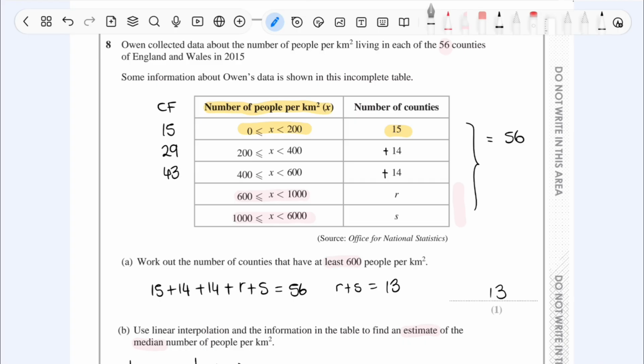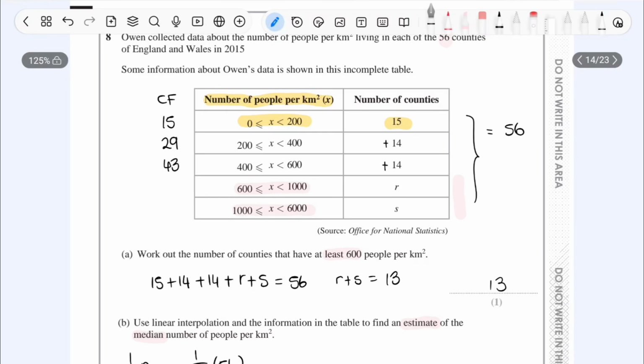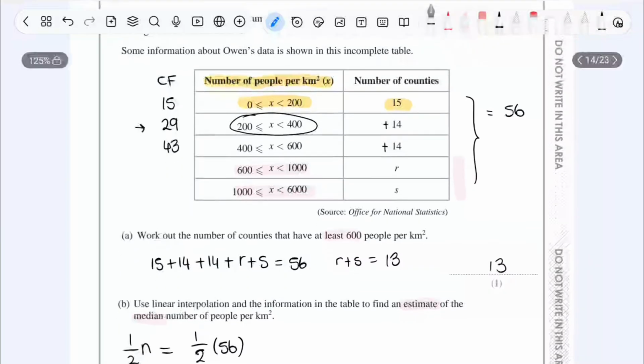Now 28 is the value we're targeting, and 28 is clearly going to be within this row here because it's under 29. So we're trying to find the median, and we know based on the information that it's in this interval right here between 200 and 400.